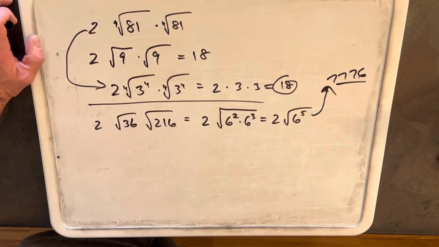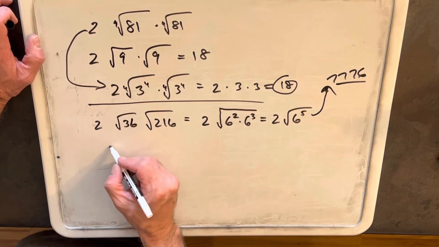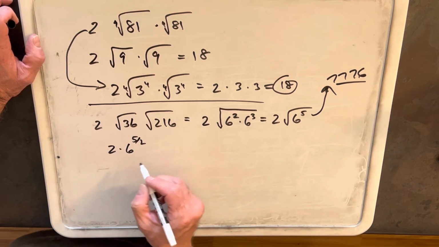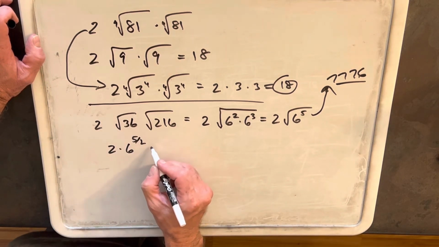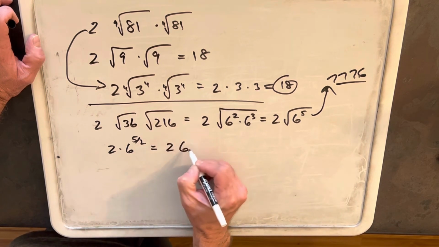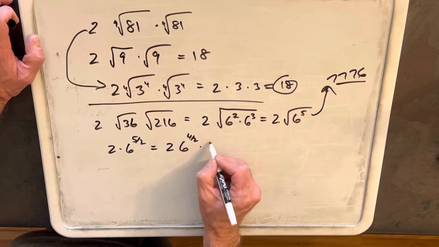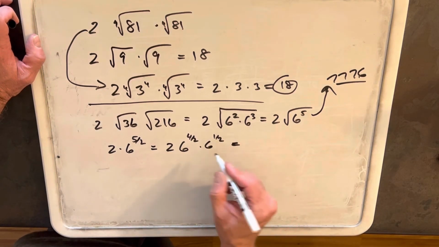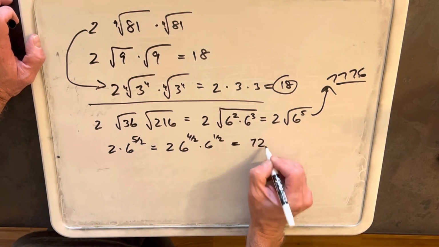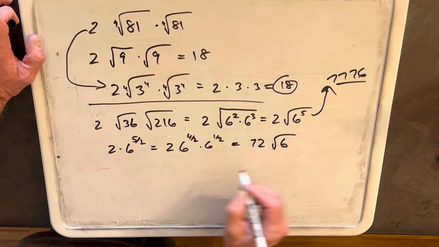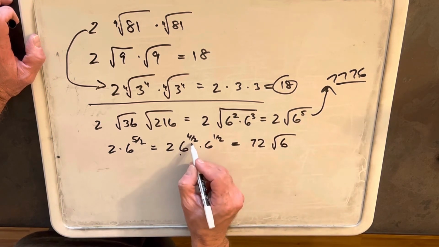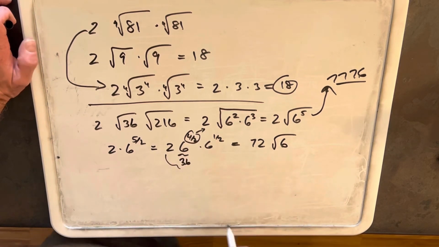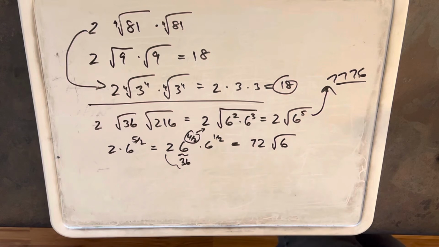But this probably wasn't the best way to do it. We can write this as an exponent, 2 times 6 to the 5 halves, which is 2 times 6 to the 4 halves times 6 to the 1 half, which equals 72 times the square root of 6. This is right, because that reduces to a 6, and so this is 36. 2 times 36 is 72 times the square root of 6.